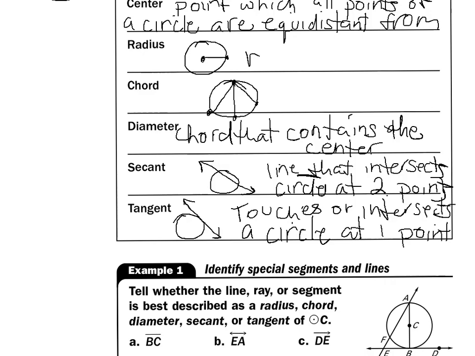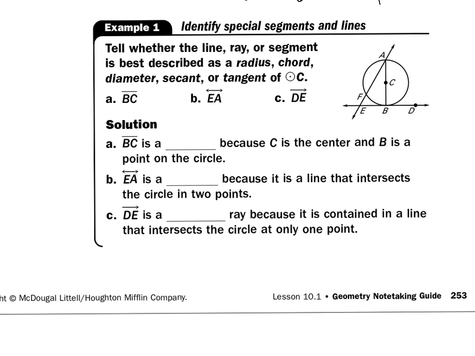Okay, example 1. Identify special segments and lines. So B to C. B to C is a segment. It goes from the center out, and so that is a radius. Okay, line EA is this one.